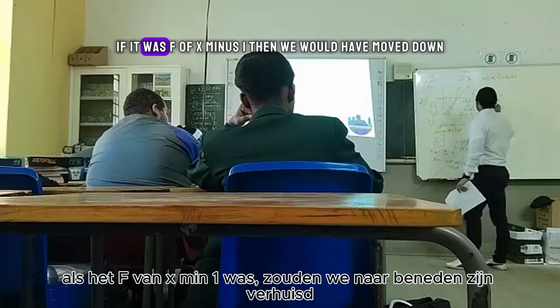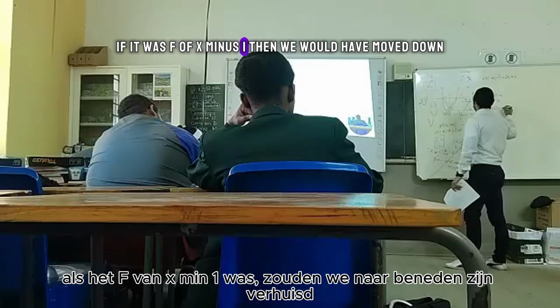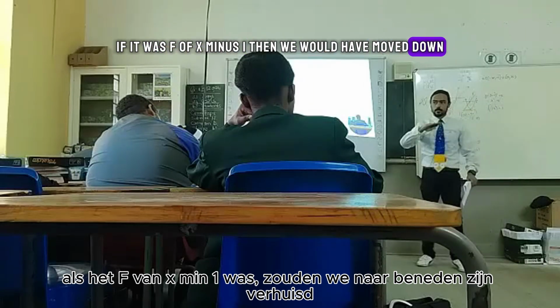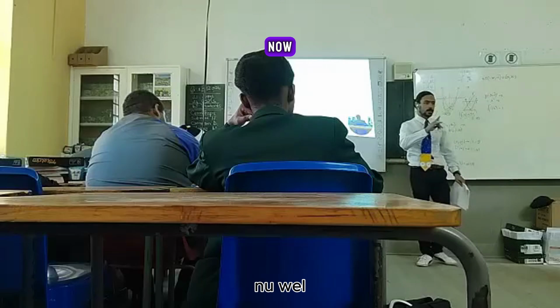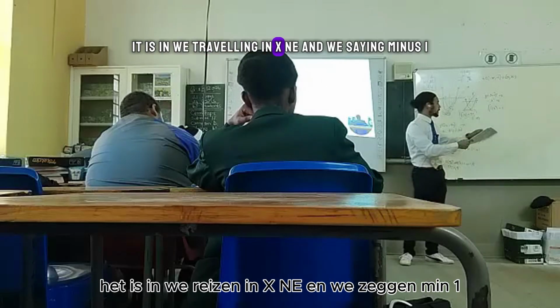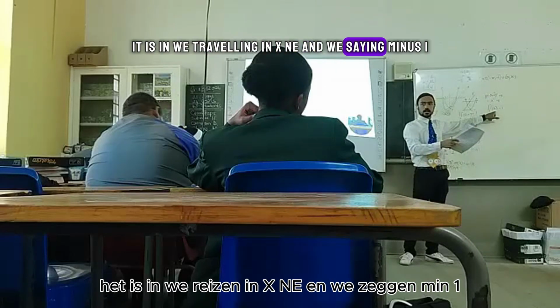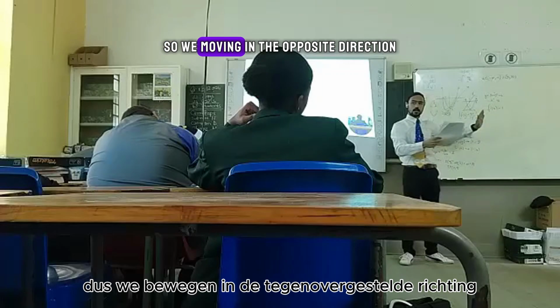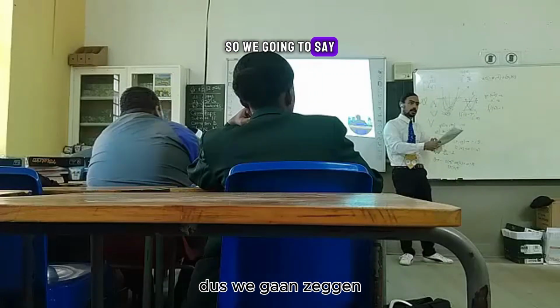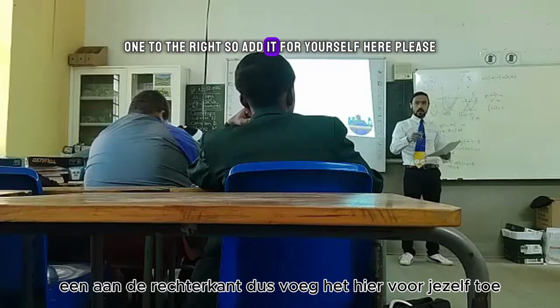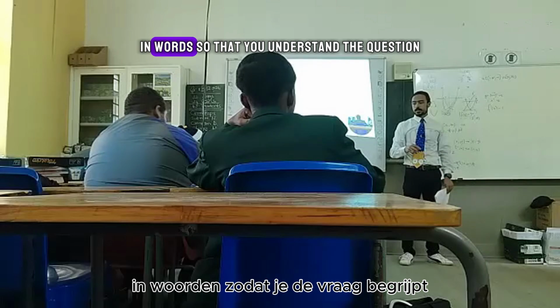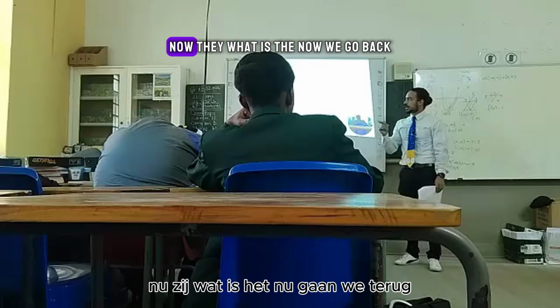If it was f of x minus 1, then we would have moved down. But what is this now? We're traveling in x, no? And we're saying -1. So we're moving in the opposite direction. So we're going to say 1 to the right. So add it for yourself there, please, in words so that you understand the question.